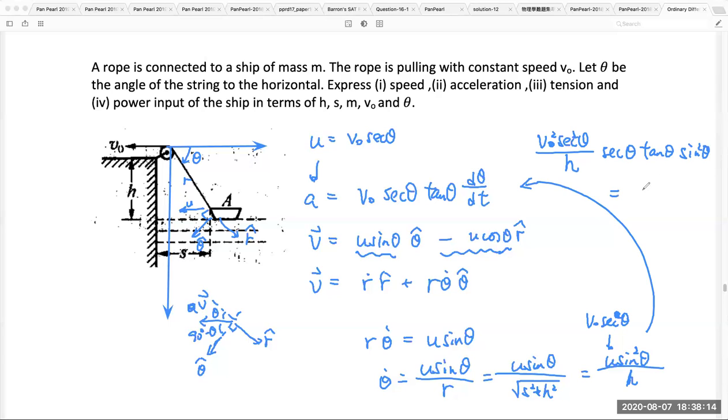If you express it all in terms of sine theta or cosine theta, you get sine cubed theta divided by cosine to the power 4 theta. So that's the form of the acceleration.